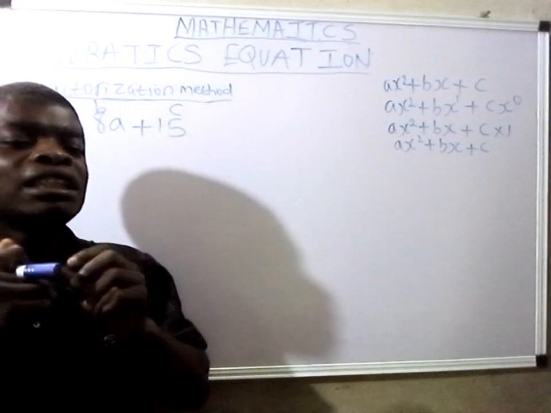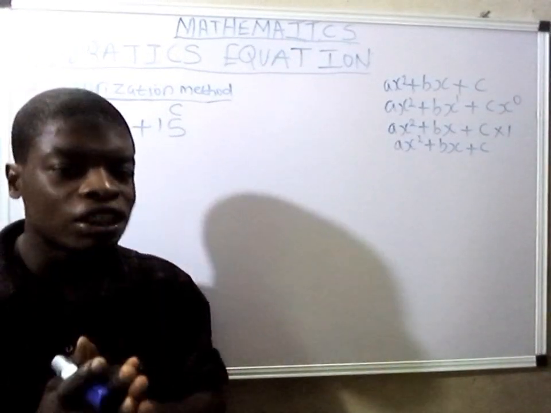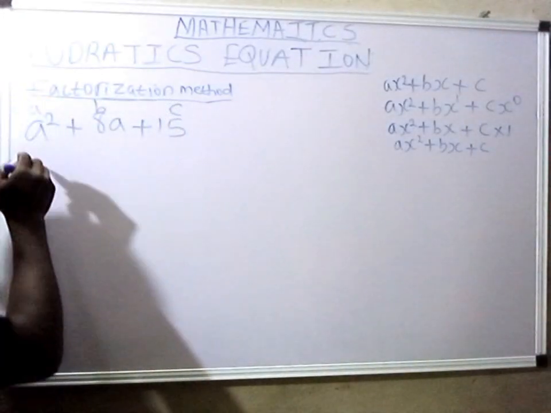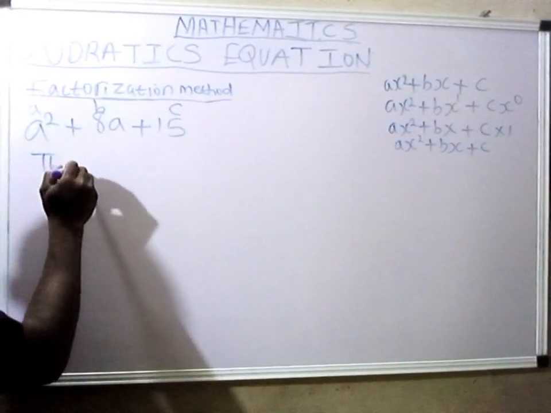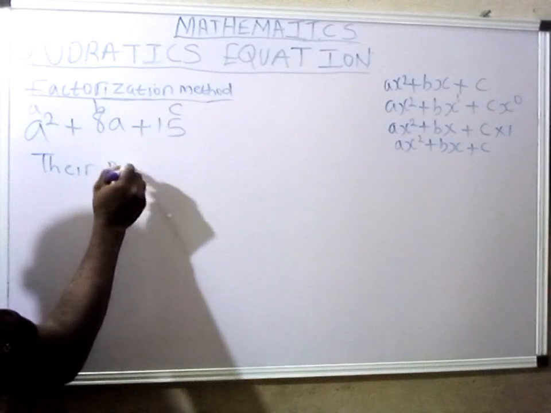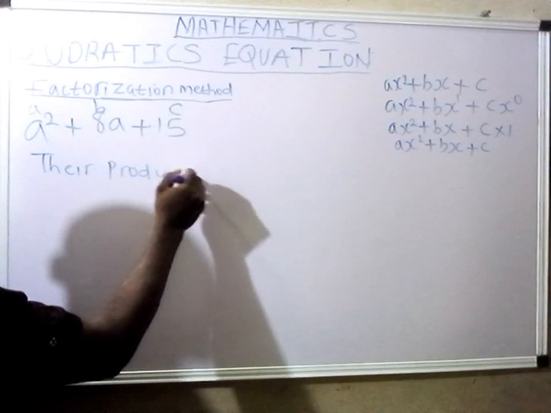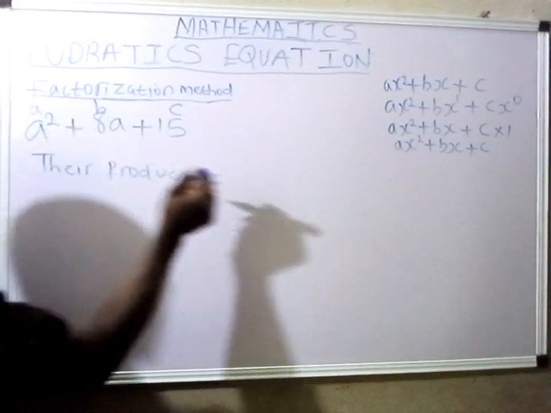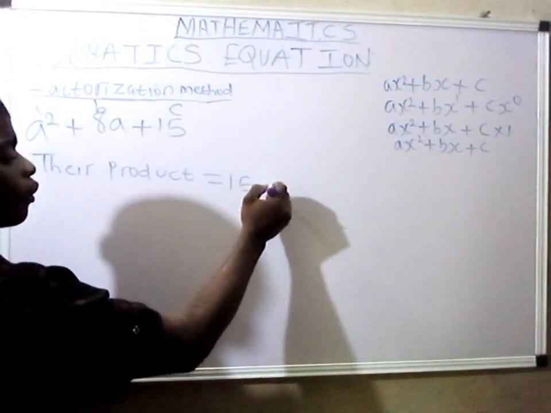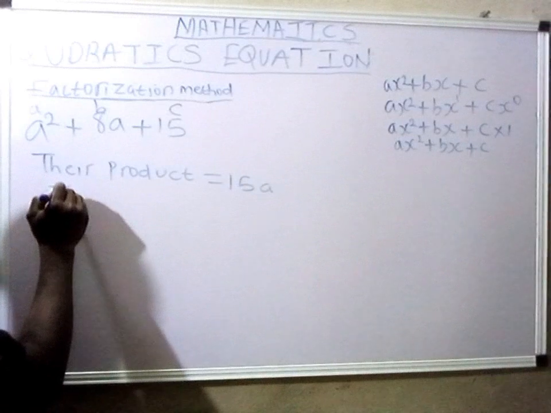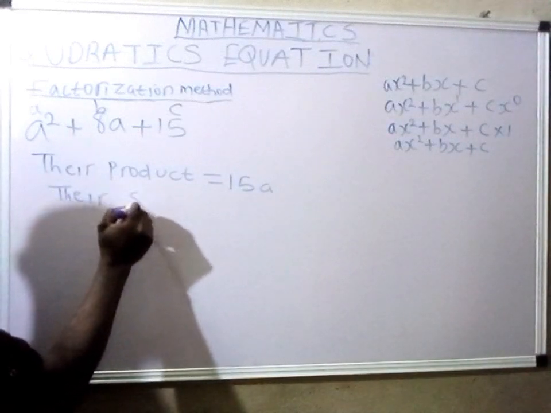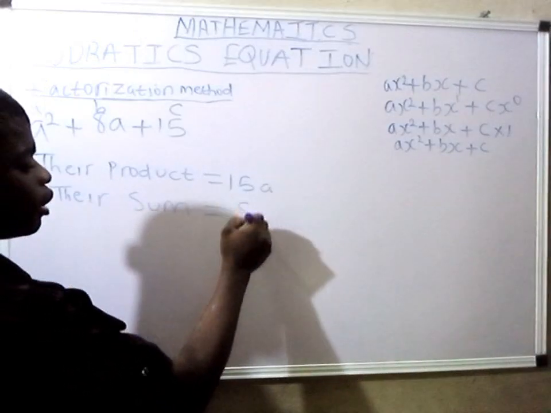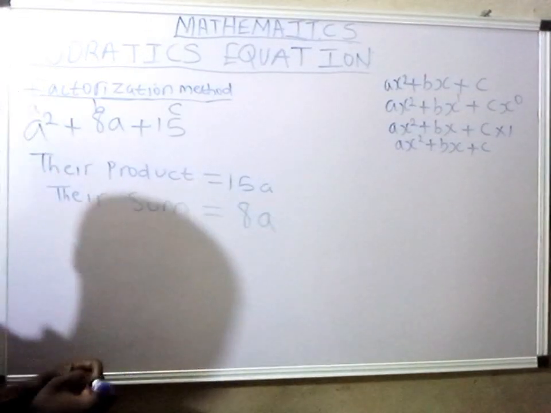So their product can be gotten by saying their product equals 15 multiplied by a square, which is 15a square, and their sum equals 8a.